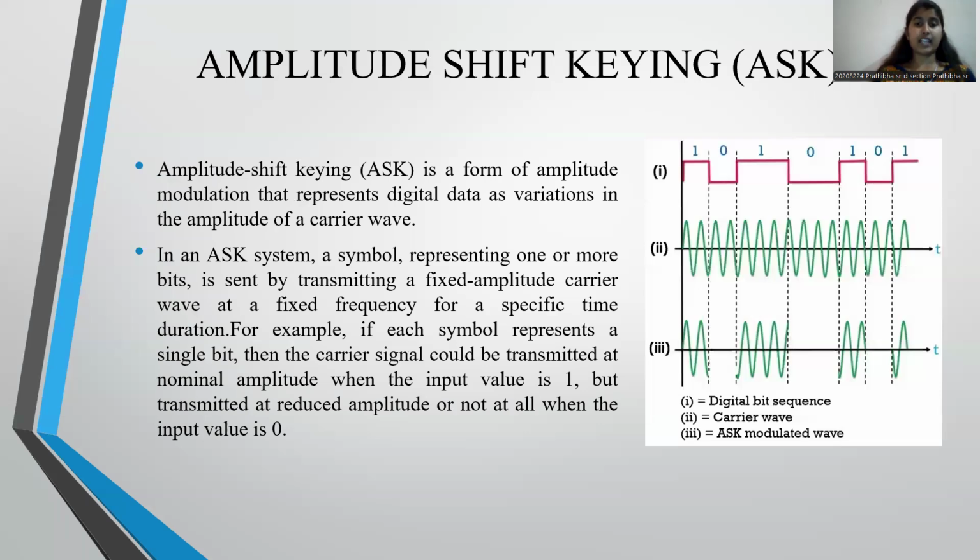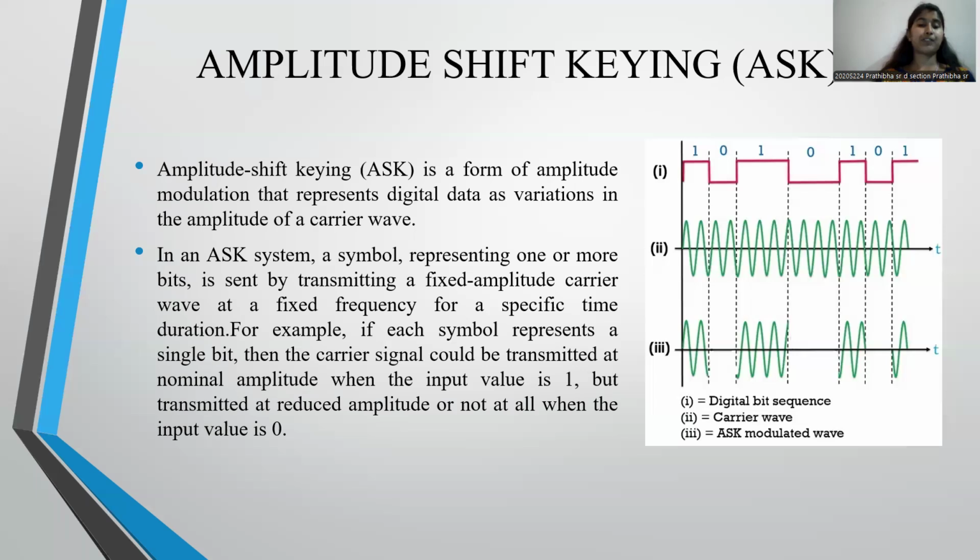The first one is amplitude shift keying, ASK. It is a form of amplitude modulation which represents digital data as variations in the amplitude of the carrier wave. In the amplitude shift keying system, a symbol representing one or more bits is sent by transmitting a fixed amplitude carrier wave at a fixed frequency for a specific time duration.